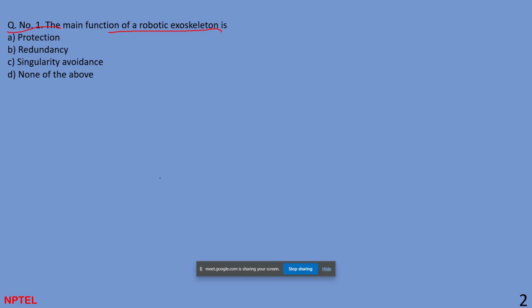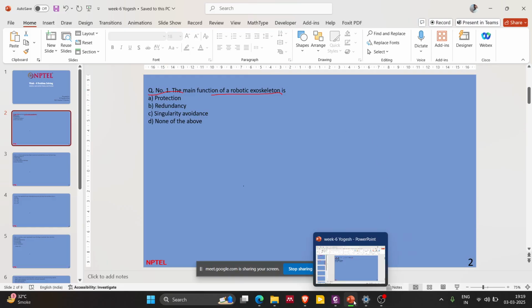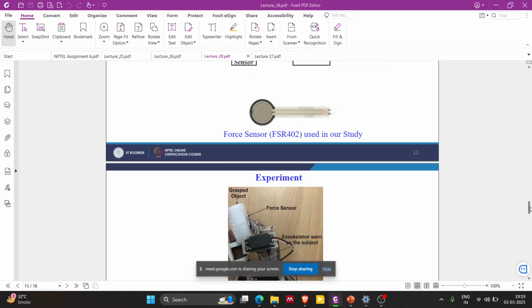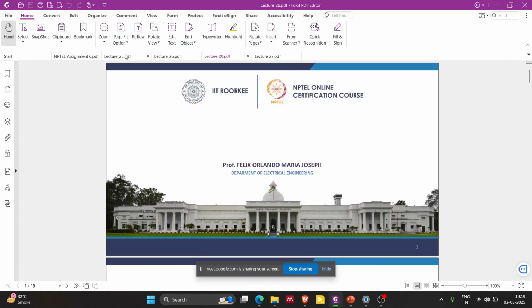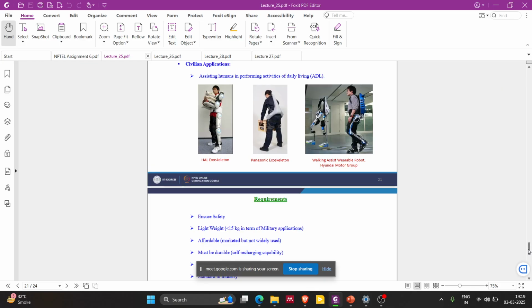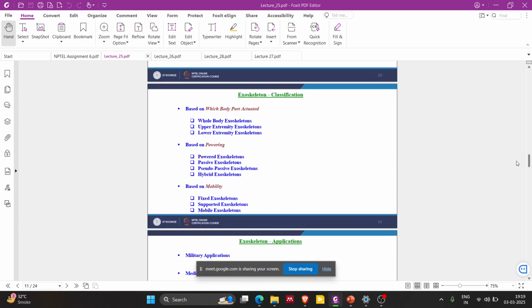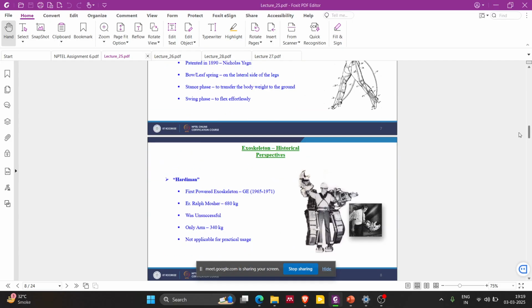The first function a robotic exoskeleton should take care of is safety. In the options it is given as protection, which is almost a similar word, protection and safety. For this, always refer to lecture 25, where you will find the main functions of an exoskeleton.